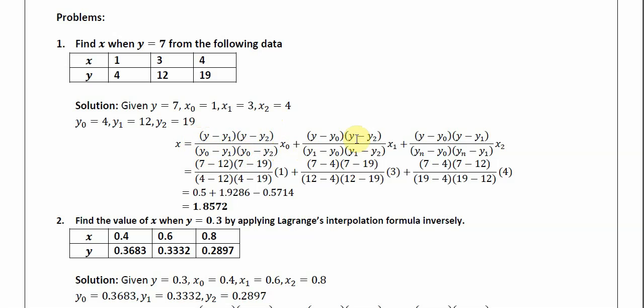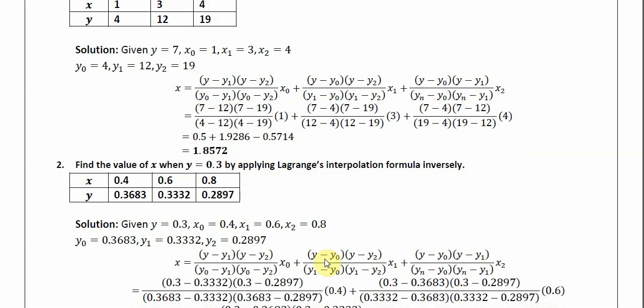Plus similarly ಇಲ್ಲಿ x1 term ಆಗಿರೋದ್ರಿಂದ y minus y1 ಬರಲ್ಲ, y minus y0 and y minus y2, and that y1 comes in place of y in the denominator. Similarly you can see the third term. Substitute for everything. y = 7 ಅಂತ ಕೊಟ್ಟಿದ್ದಾರೆ, substitute for y, y0, y1, y2, x0, x1 and x2. Simplify, you're getting the answer, which is nothing but our answer using inverse interpolation.